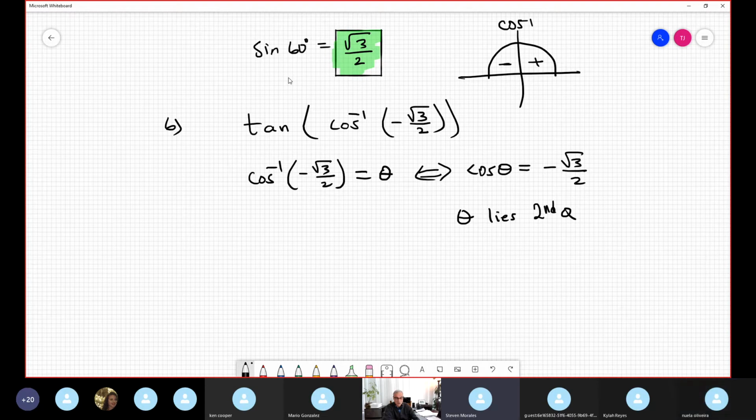In the second quadrant, 135 degrees, you say? Or 150 degrees? No. What is it? It's 120. No. 120 is 1/2. It's 150. 150.